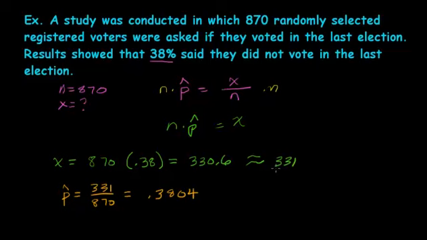So it makes sense that 331 is a good number, the number actually counted. When they calculated p hat, they just rounded that to 38%, right? Just to make things easier. So that's why we got a partial result here, and we had to do some rounding. So keep that in mind. If you're given p hat in the problem, you will have to calculate x to use your TI-83/84 technology to solve the problem.